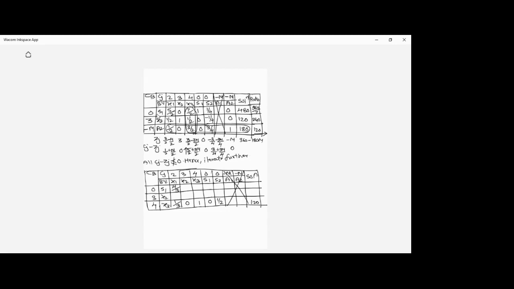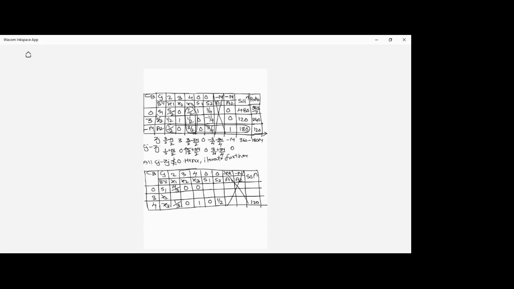The next value is 0, so the new value will be 0 minus 7 by 2 into 0 divided by 3 by 2, and the value remains 0 only here. The next value is 7 by 2 minus 7 by 2 into 3 by 2 divided by 3 by 2. So 7 by 2 minus 7 by 2 will be equal to 0.